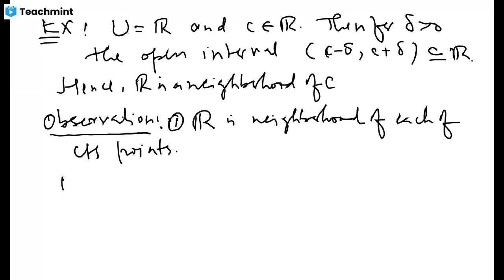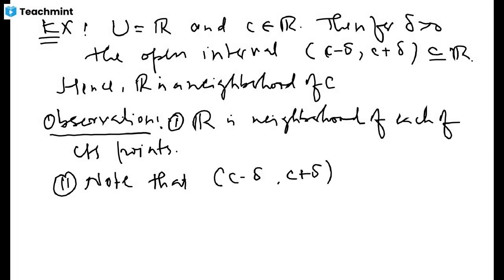Note that, as seen in the first half of the chapter, any open interval, in particular any delta neighborhood (c minus delta, c plus delta), is an uncountable set.